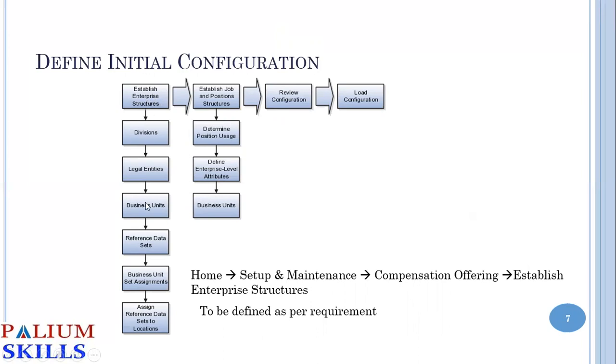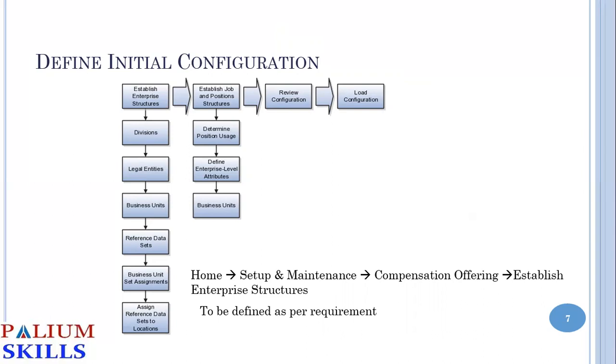There's a wizard there, just like when we define a Google account, taking you step by step. Here you first define the enterprise, then the division, legal entity, business unit, reference data set, and then we do the business unit set assignment.